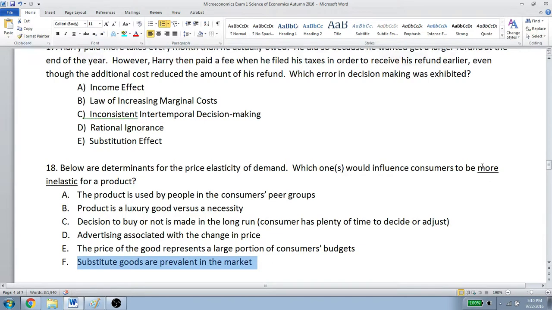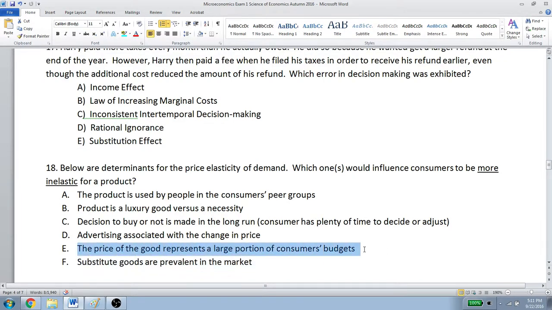So since we're looking for things that would make people more inelastic, then substitutes would not be a correct answer. Substitutes cause things to be less inelastic, or you might say more elastic.